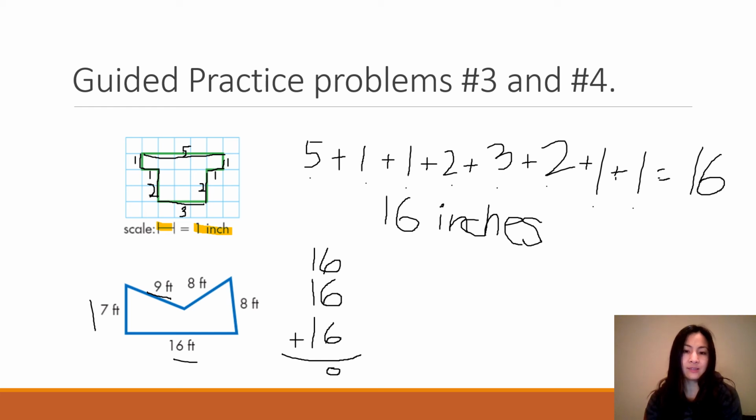So 18, that's 8 ones and 1 ten. Now add the tens. We have that 1 ten that we regrouped from 18, so 10, 20, 30, 40. Okay, so the perimeter of this polygon down below for number 4 is 48 feet.